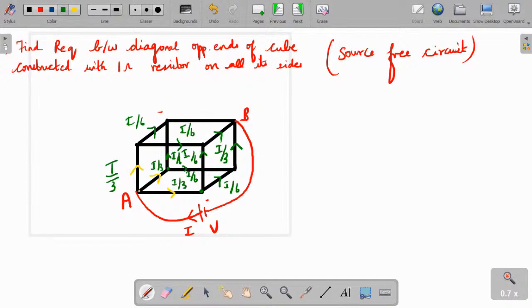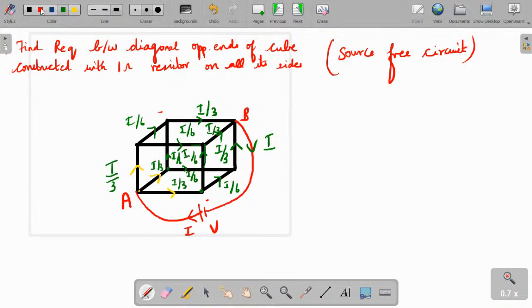Here another I by 6 comes. So here you get I by 3, and again here I by 6, here I by 3, and on these sides also I by 3. So we have mentioned the current in all directions. So what is the final output current? The same I should come out. The current entering should be equal to the current leaving.